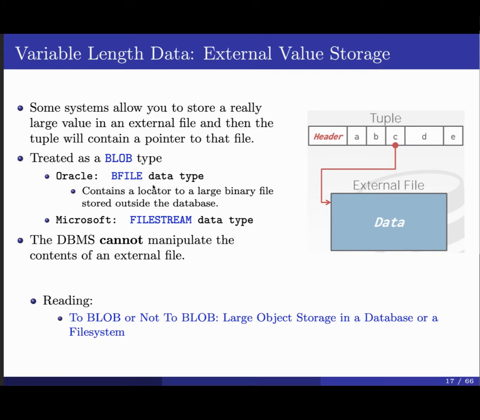Oracle calls this BFILE, I think, a binary file data type, which is dealt with differently. For Microsoft, the data type uses FILESTREAM. The problem with this one is that the database management system cannot manipulate the content of the external files. In order to access it, you have to use whatever software or application the file was written by in order to manipulate it.